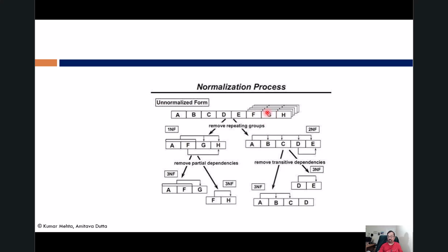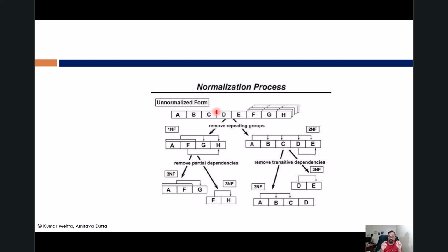They're multi-valued attributes. Okay, so this table is not in first normal form. For a table to be in first normal form, it must meet the requirements of a relation, meaning that the column names should be different and all of that. So that's easy to do. Getting column names to be different and all that, those basic requirements of a table being a relation, that's fairly easy to fix.